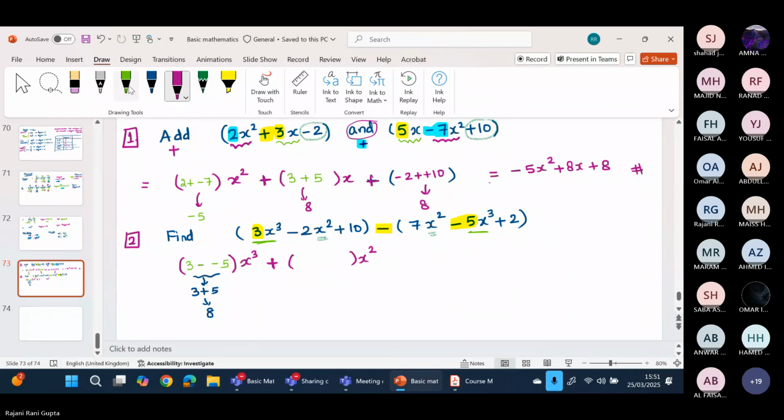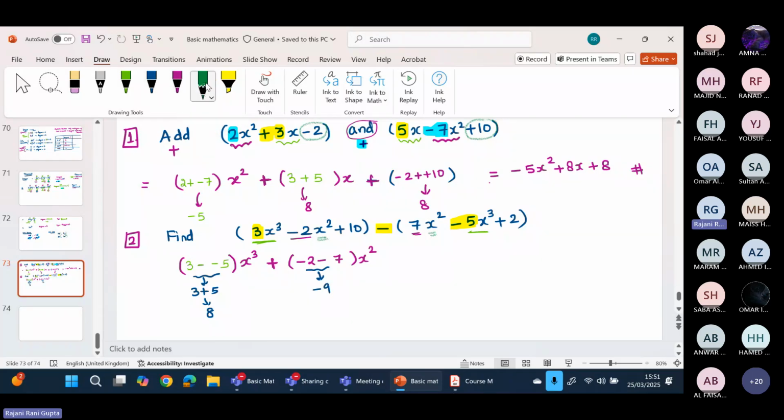The number here is minus 2, then you have this minus sign, and here the number is 7. So minus 2 minus 7, how much? Minus 9. Good.